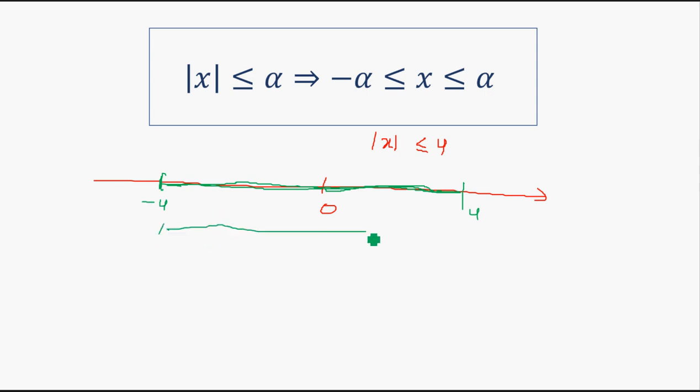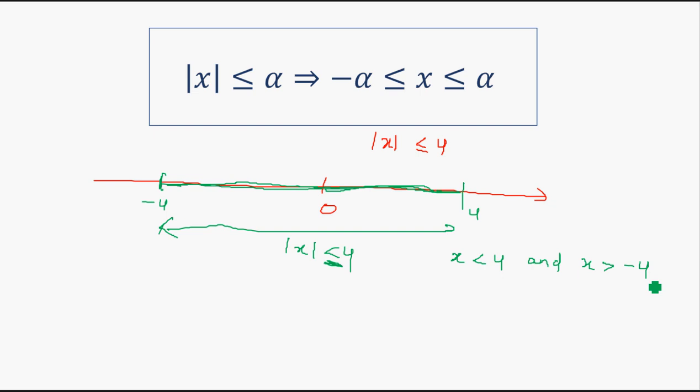So this complete region will come under mod x less than, sorry, less than or equal to 4. Okay, all these numbers come under this. So simply we can write x is less than 4 and x is greater than minus 4. This way we can write.